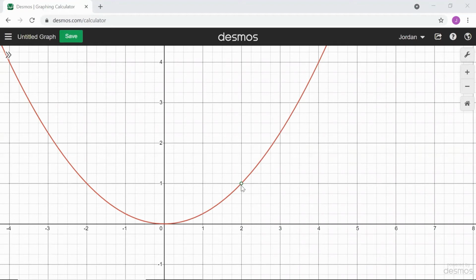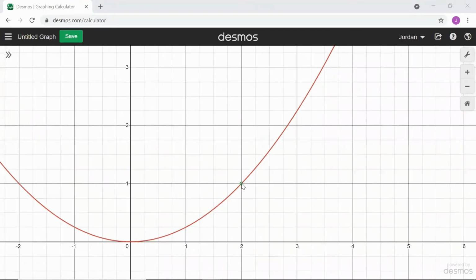Well, if I were to graph the function exactly as it is, except I fill in that hole, the limit as x approaches that spot is going to be the same whether that hole is filled in or whether that hole is there. So in my case, whether I have the hole or not, the limit as x approaches 2 is going to be 1.